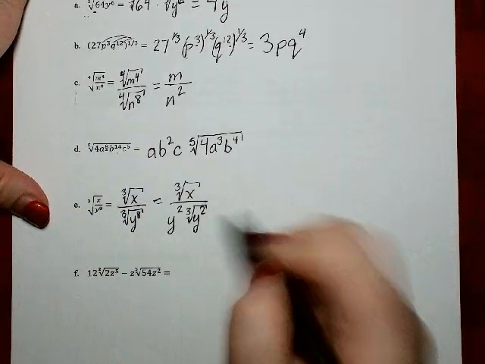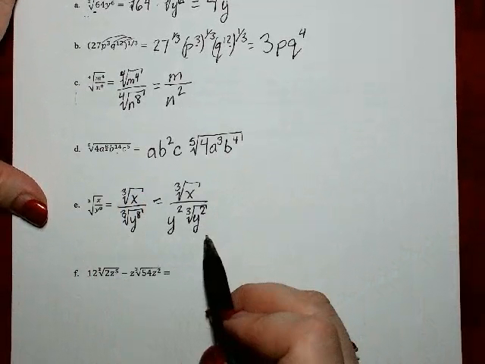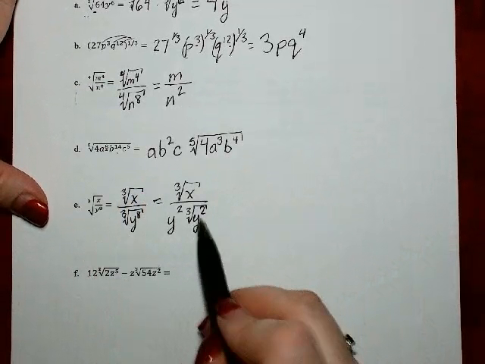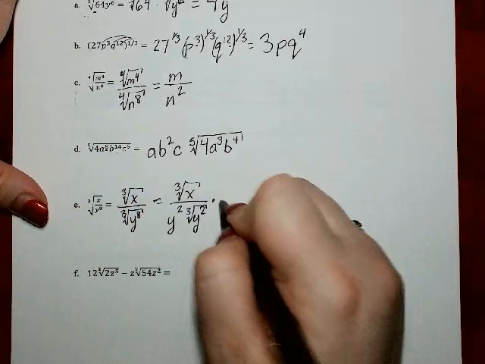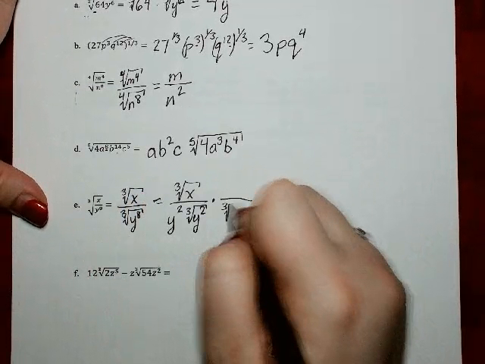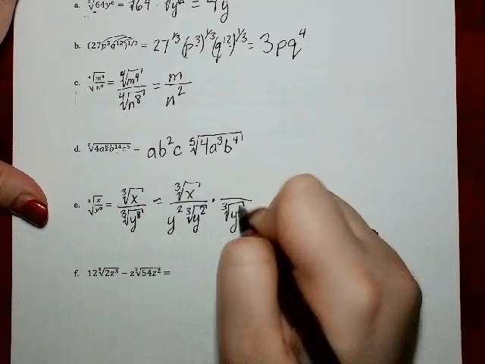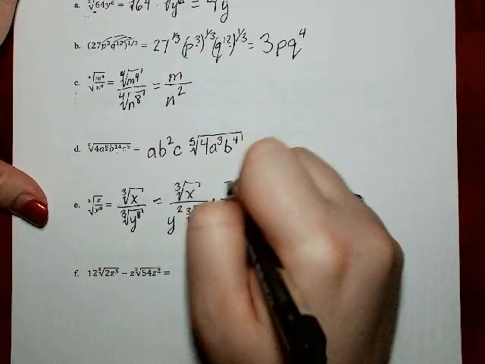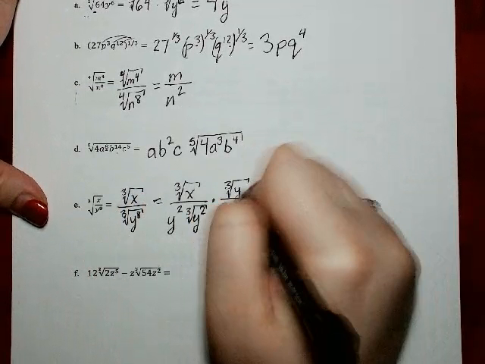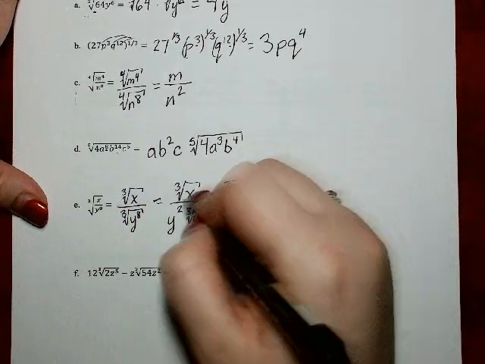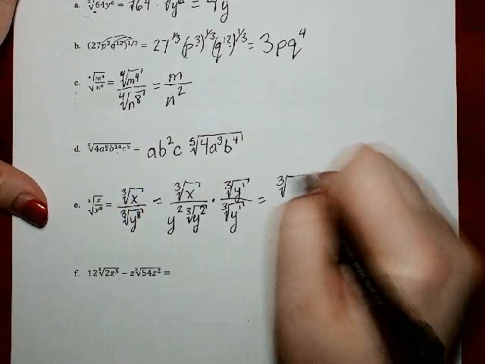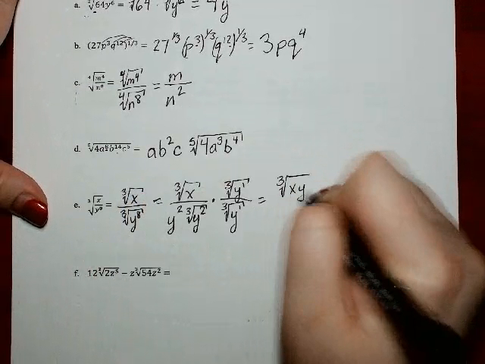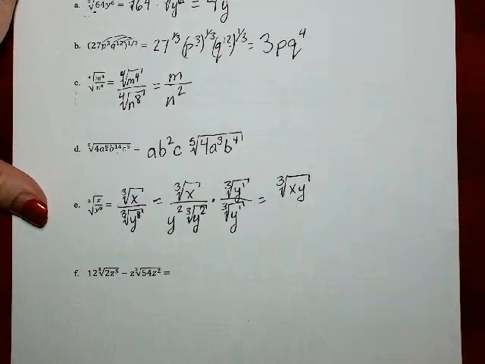We need to get this radical out of the denominator. So I need another y to go here. So I'm going to multiply by the cubed root of y to the first, because when I multiply these together, I'll get 3. So I can combine these and say the cubed root of xy, because y to the first is just y.